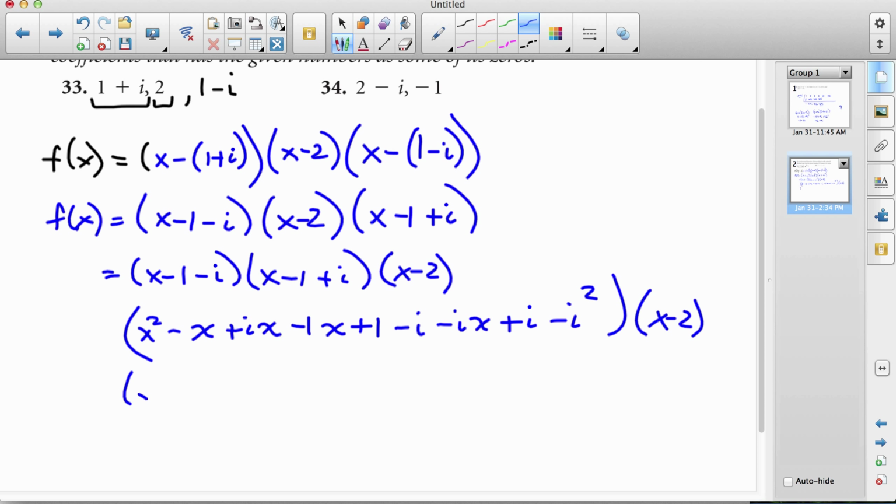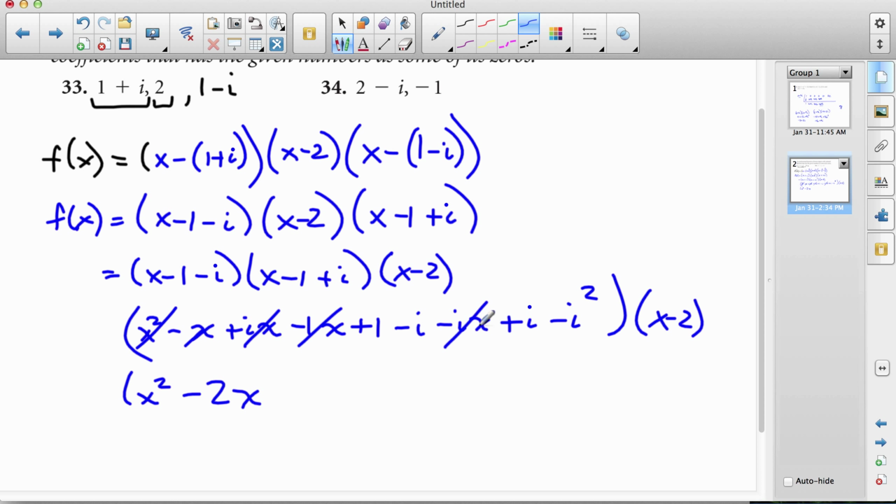Okay, so let's see if I can simplify anything. I have an x squared, negative x, another negative x, that's negative 2x. Oh, and there's an ix. Hold on, there's a positive ix and a negative ix. Those will cancel. So that'd be negative 2x.